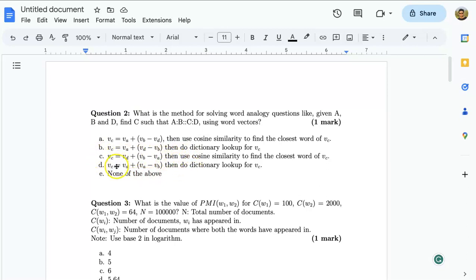Option C would be correct if this part were correct, because then use cosine similarity to find the closest word. Yes, that is the correct thing. So we need to find the cosine similarity to find the closest word to VC. So the combination of C and D is kind of correct, but not individually. So E, none of the above, is the correct option.